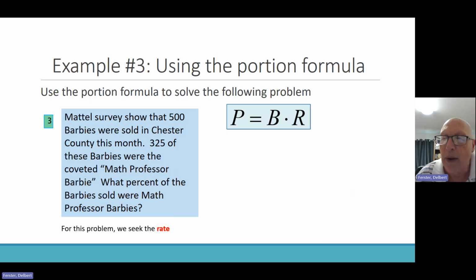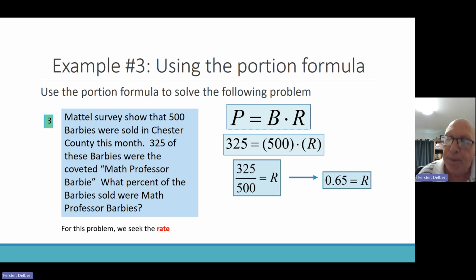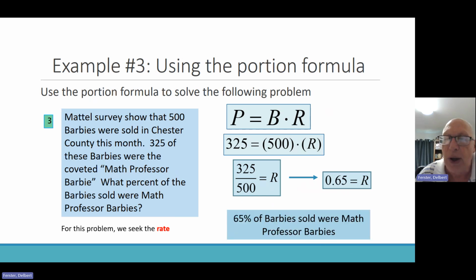All right, so there we go. There's a formula firing in. And we've got 325 going in for P, and we got 500 going in for B. Clean divide, grab your calculator, 325 divided by 500. All right, 0.65. So 65% of the Barbies sold for that particular set were the coveted Math Professor Barbies.